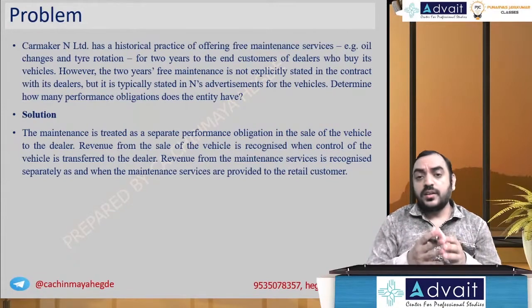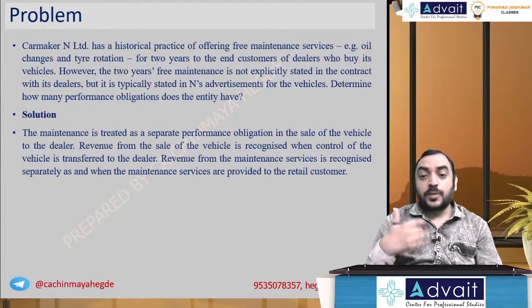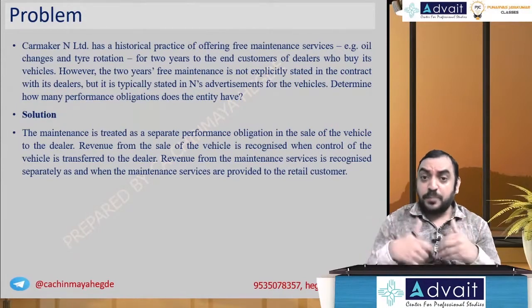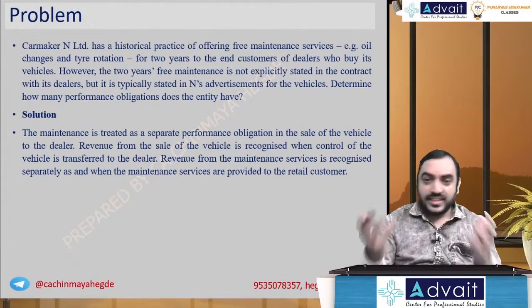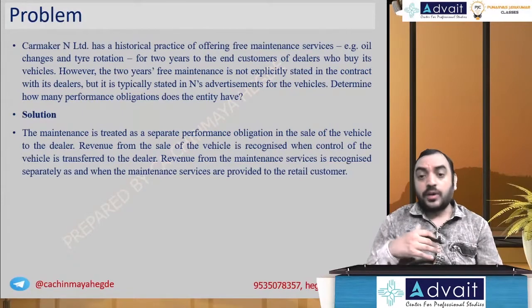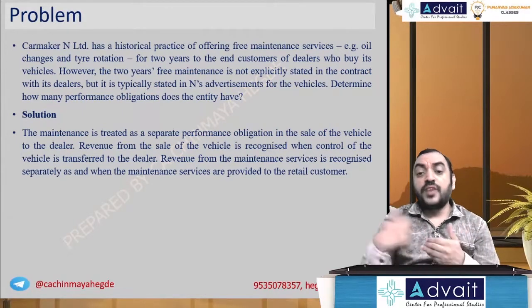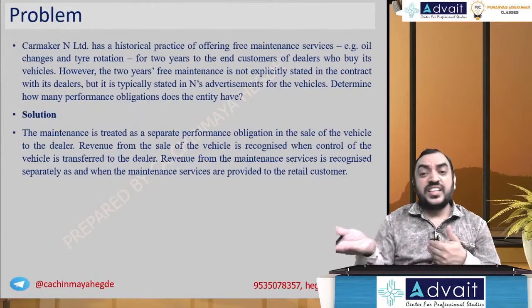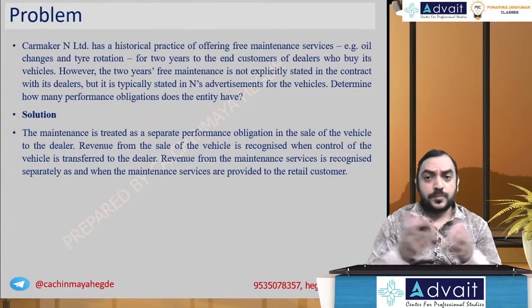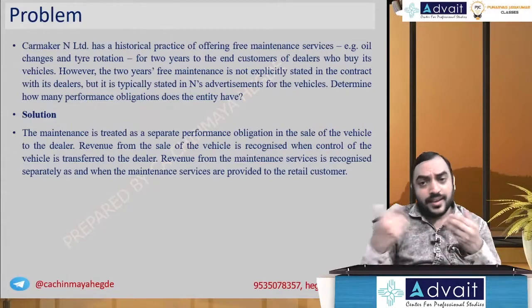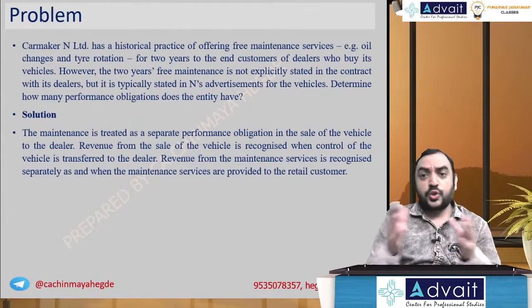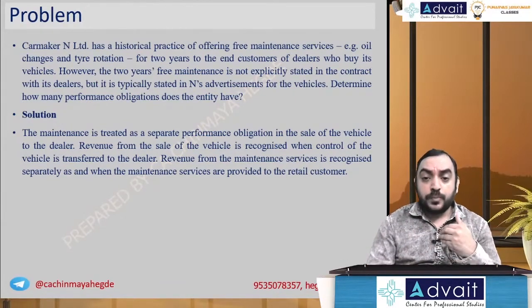The question comes here: because the contract does not mention anything, is it still part of the two performance obligations? The answer is yes, because the contract need not be explicit, it may be implicit also. So when you give an advertisement, you mention that free service will be given for 2 years. So definitely it's part of the contract and they are distinct. So there are two performance obligations. Maintenance is treated as a separate performance obligation in the sale of the vehicle.